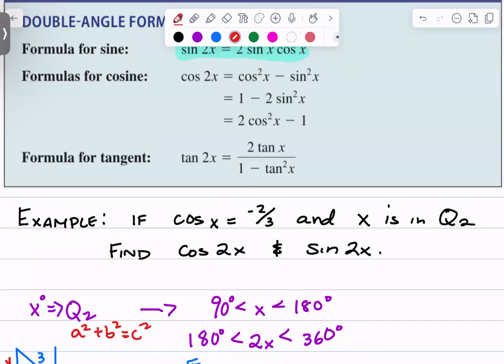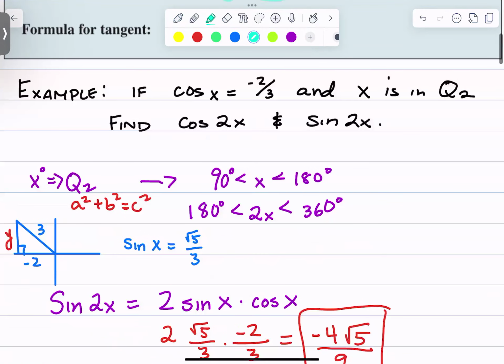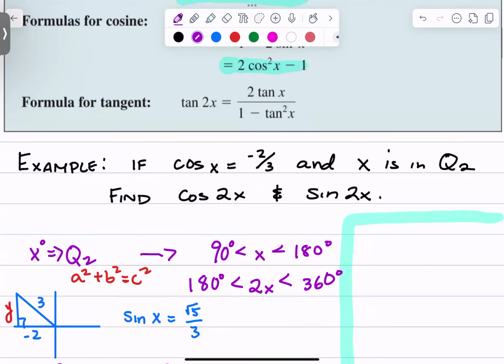I'm going to use that last one just because this deals with just cosine. So cosine of 2x equals 2 cosine squared of x minus 1.